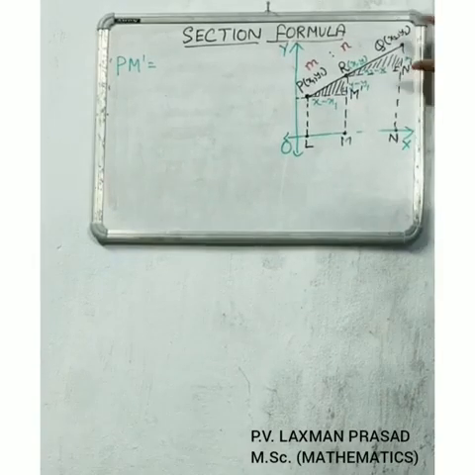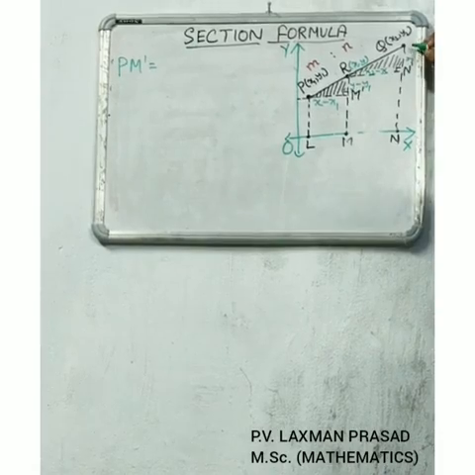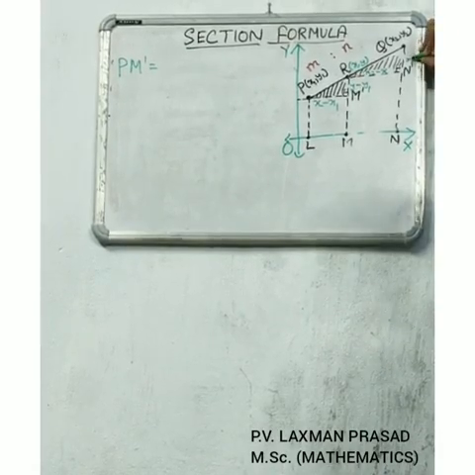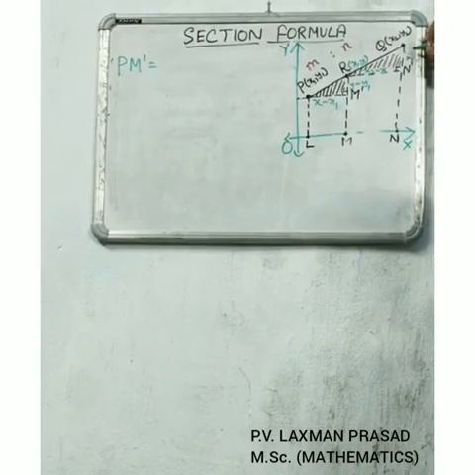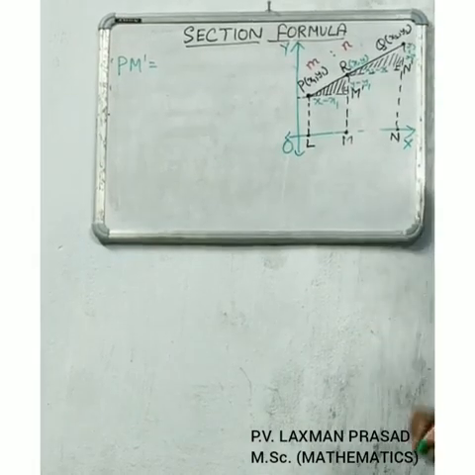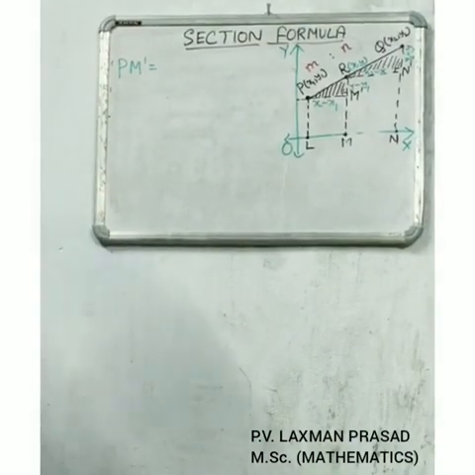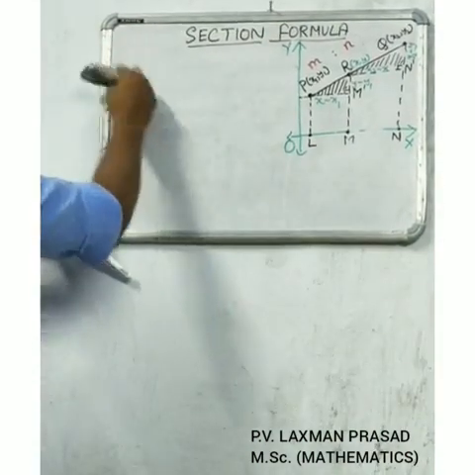Since QN dash is parallel to the y-axis, this length must be equal to the difference of the y coordinates of the points Q and N dash, which is y2 minus y. So we have written all the lengths there.